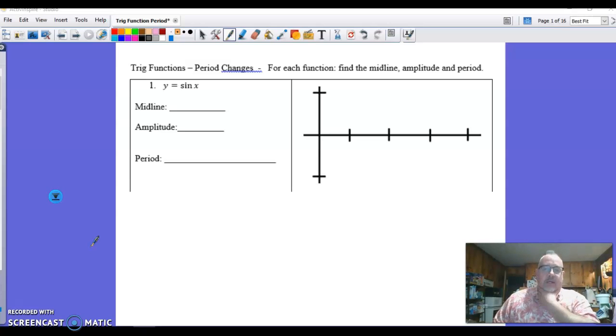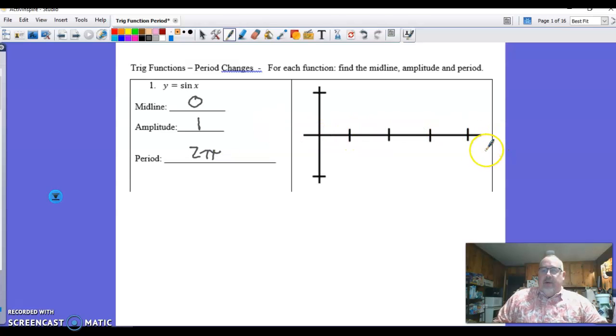This is part one. Let's see if we can get through it quickly. If you remember, simple sine equation, midline, there's nothing, so it'll be a zero midline. You've got a one for your amplitude, so it'll be a one in front of the sine x. And if there's nothing but just a 1 with the x, or just sine x, the period is, of course, 2 pi.